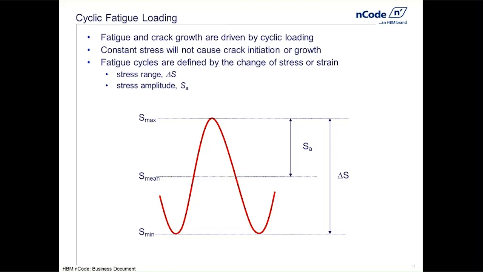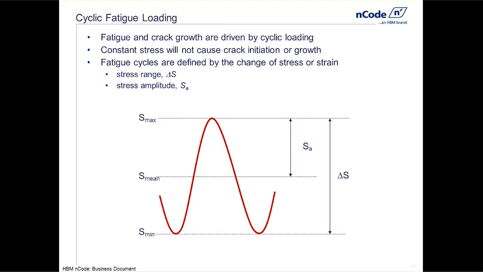Let's look at one single cycle and see if we can pick out some important factors. The most important factor in a fatigue cycle is this delta S that you can see on the right, the stress range. And that's nothing more than the difference between the max of the cycle and the minimum value of the cycle.